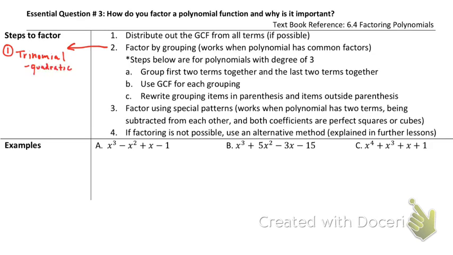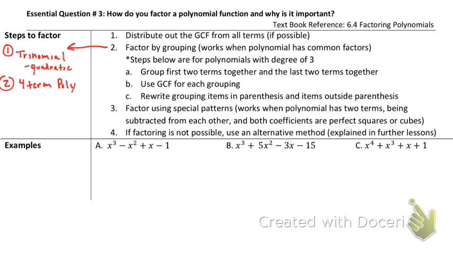And I'll dive into those in the next slide. And the other type of problem that factor by grouping works with is when you have a 4-term polynomial, like in example A. Okay, so example A is a 4-term polynomial, and we're going to use factor by grouping.